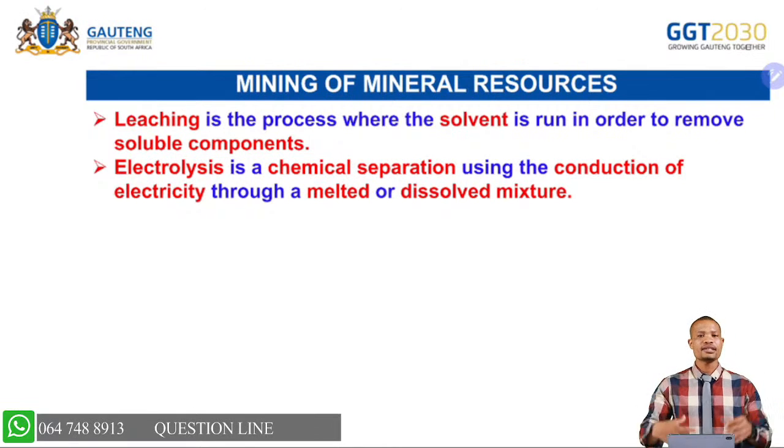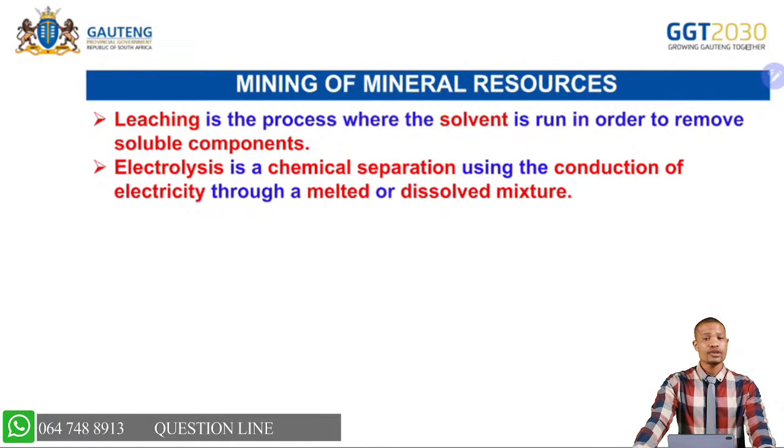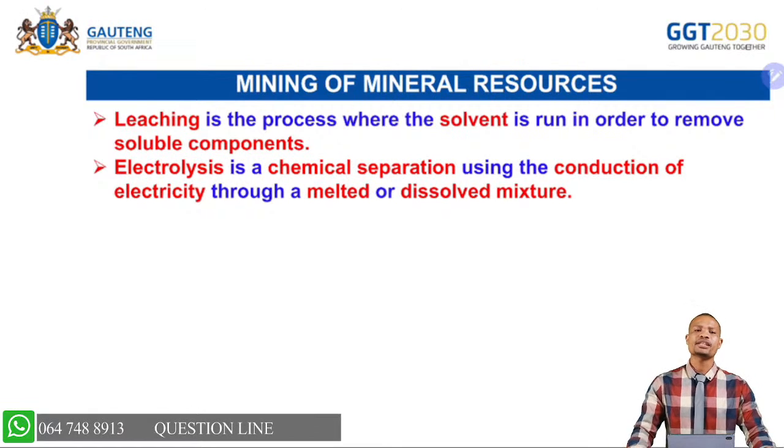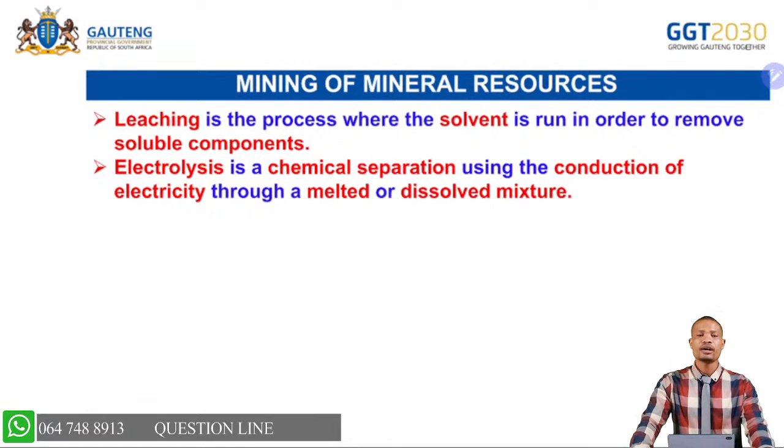So we take this mixture and we run some electricity through it in order to separate the components of the mixture. It's called electrolysis. You will learn more about electrolysis and leaching. For most of you that are interested in studying chemical engineering or metallurgy, you will learn more about leaching and electrolysis at varsity. So please work hard, guys, and be chemical engineers or metallurgists.